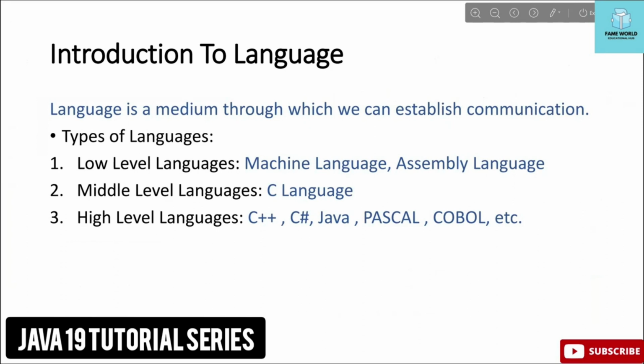So what is a language? Either it is English, Hindi, Urdu, Farsi, Marathi, Japanese, Chinese, any language. What is the purpose of language? Language is the medium of communication through which we can establish communication between people. So the language is a medium of communication. We can communicate with the help of language.